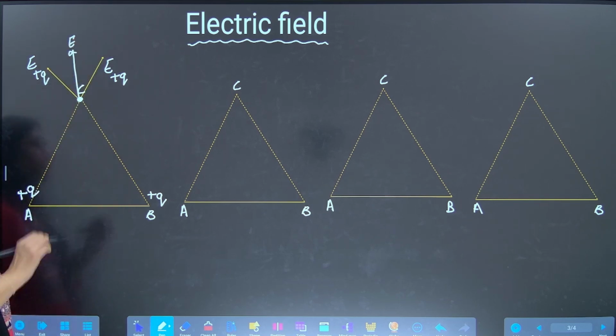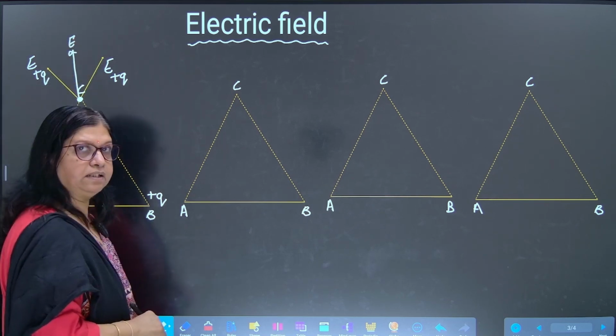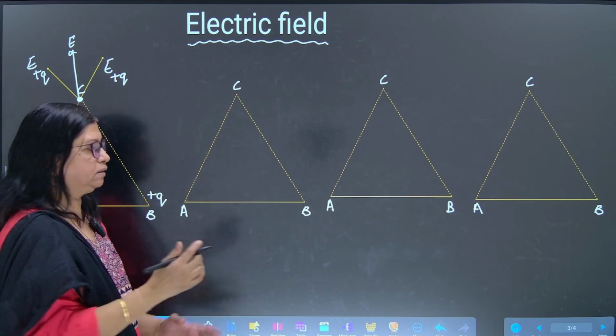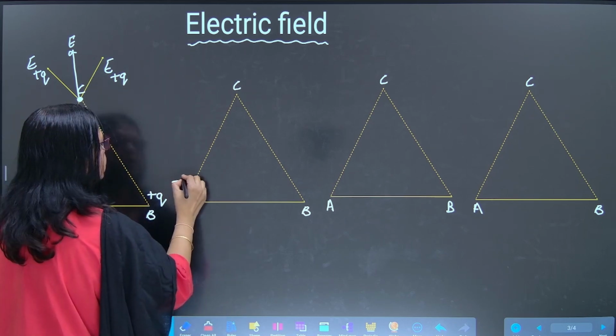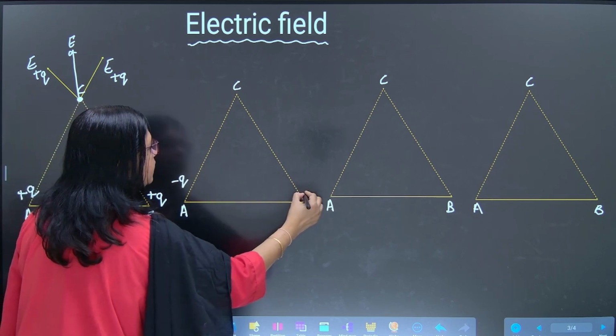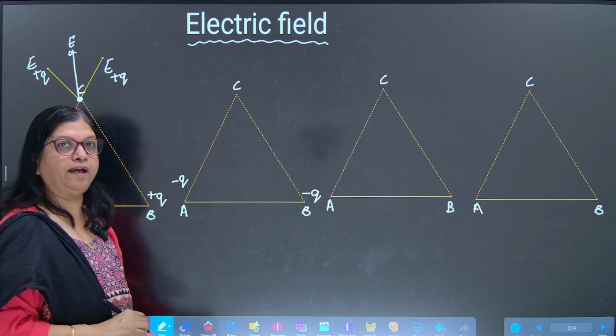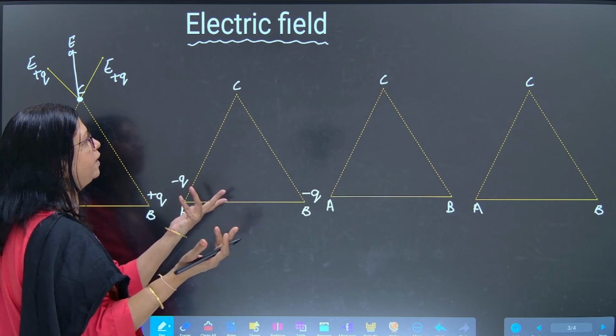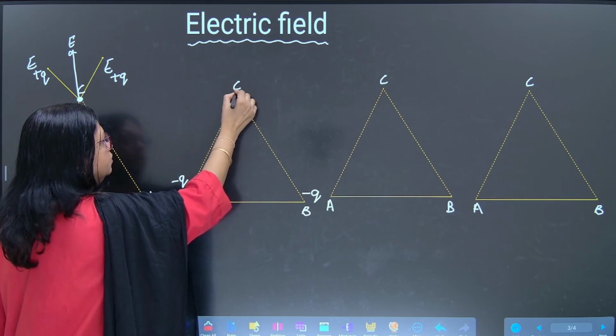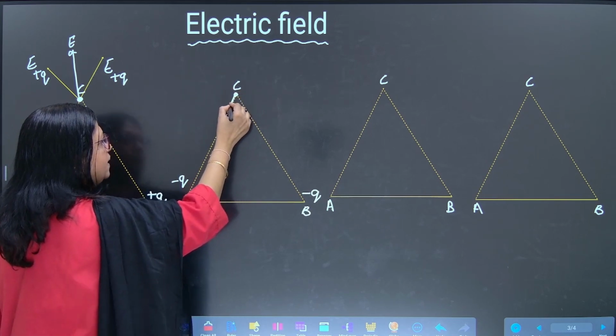Now let me consider another polarity, negative charges. This was a numerical this year. At A, I have placed a negative charge. At B also, I have placed a negative charge. So what is my rule? At the point C, from the point C, I have to come inwards.